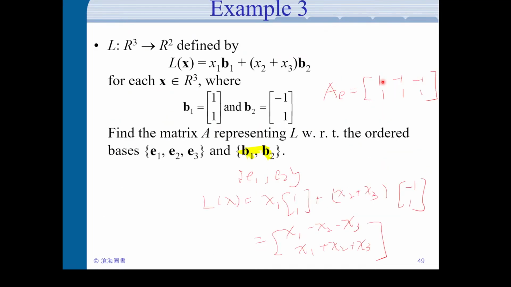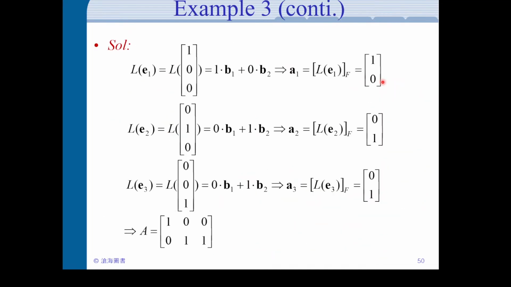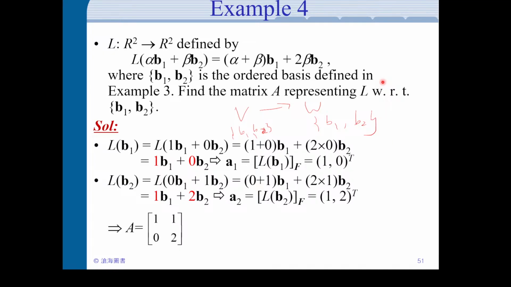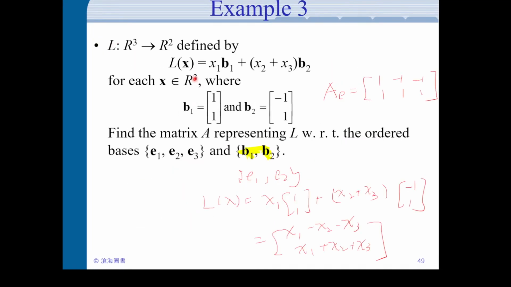Okay, and so this is what we want to do. We have another example. This is another R2 to R2 example, and here we also have a nice expression for L. We have a mapping from the b1, b2 basis to another linear combination of b1, b2, both in R2, and b1, b2 is an ordered basis in R2.